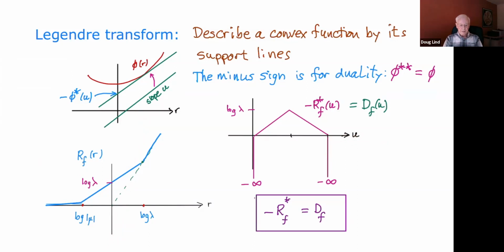Now, in between, if I take a small positive slope and I raise it up, this will intersect at a small positive quantity. And in fact, it increases linearly up to log lambda. If I go beyond slope 1, then the pivot point changes from here to here, and I get a line that looks like this, which hits the y-axis there.